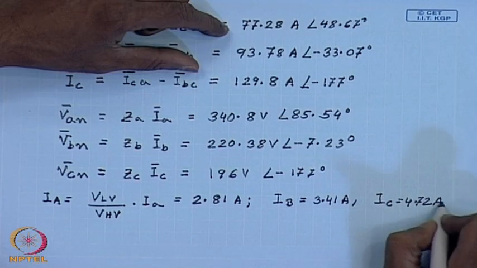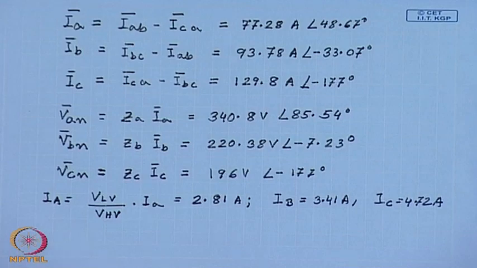4.72 amperes. So, both the load phase voltage and the input line currents are unbalanced if the delta delta connected winding supplies an unbalanced star connected load.